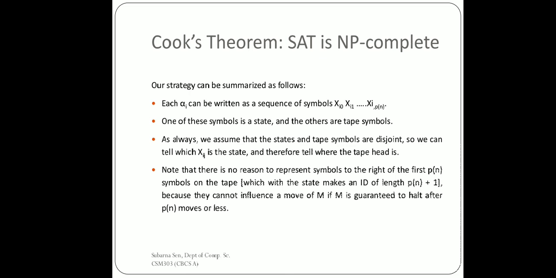Out of all the symbols present in this sequence, only one is a state and the others must be tape symbols, because at the same time for any ID a Turing machine cannot point to more than one state.